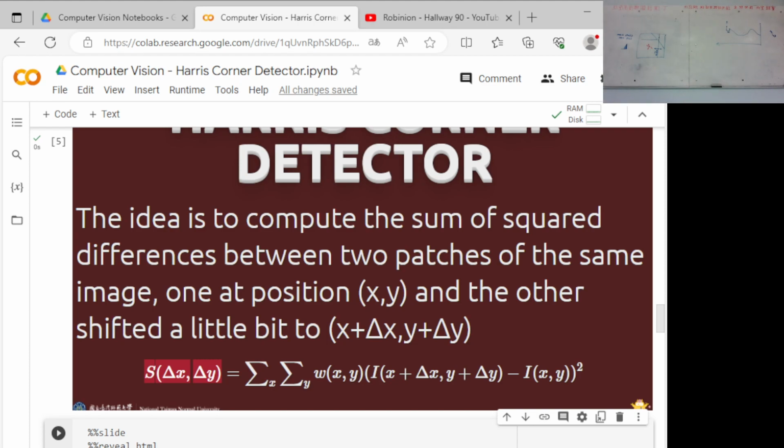And there's, of course, different variations of that problem. Intuitively, let's say if your image looks like this, then what do you think would be the value here at x plus delta x?